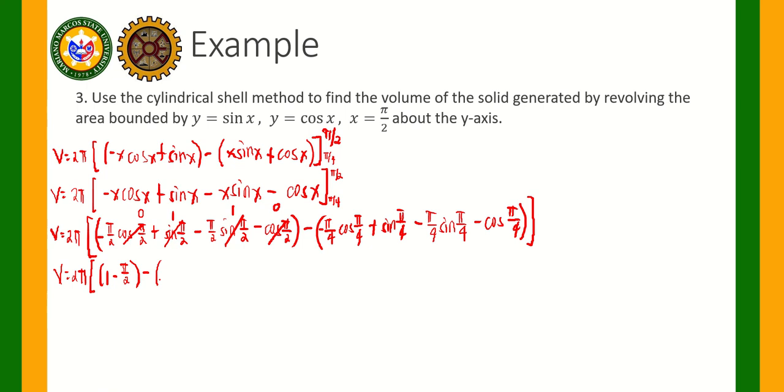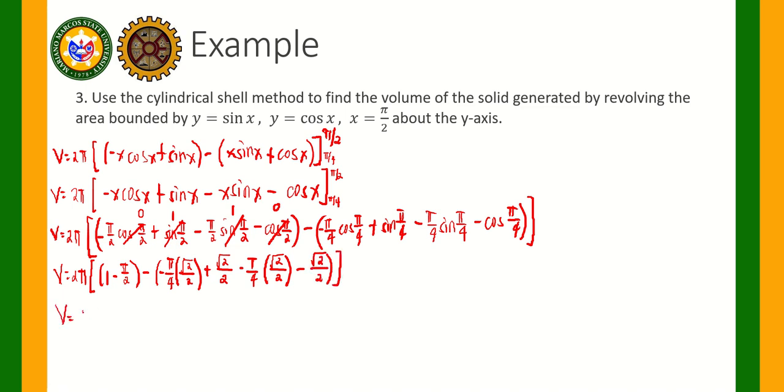Tapos, minus negative pi over 4. Cosine pi over 4 is equal to square root of 2 over 2, and sine pi over 4 is square root of 2 over 2. And then, minus pi over 4 times square root of 2 over 2, and then minus square root of 2 over 2.